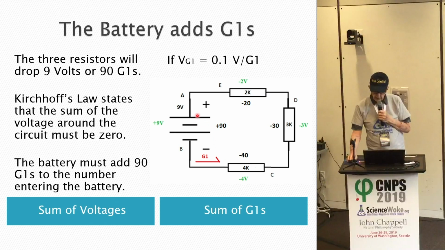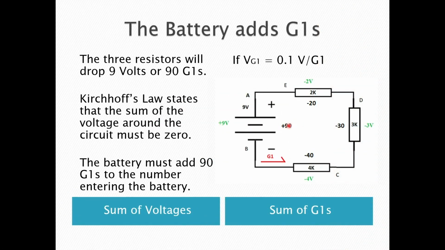But if it does add, then if A comes into the battery, then 90 are added, because of 0.1 volt per G1. And so A plus 90 is B, and C is B minus the loss, and D is and so on.